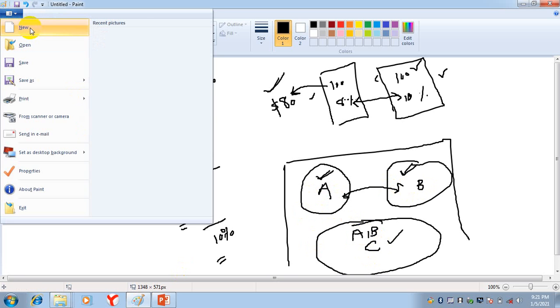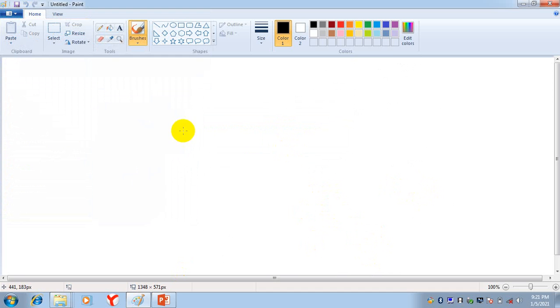But in an acquisition, one big company which is financially strong is purchasing another company. This is company A, this is company B. So this big company, which is financially strong, is acquiring or purchasing company B totally.